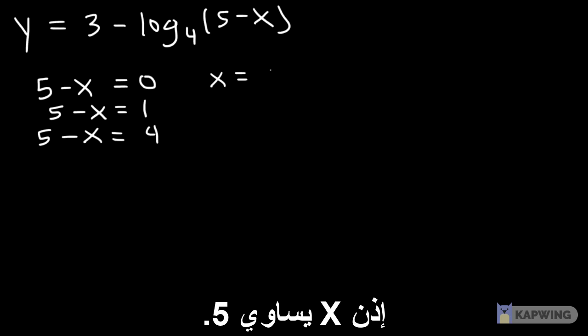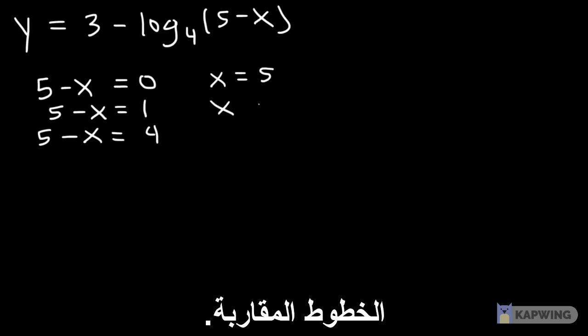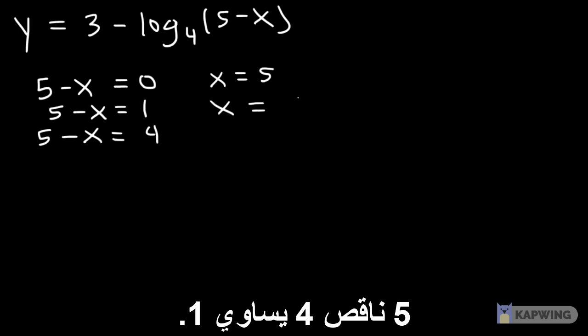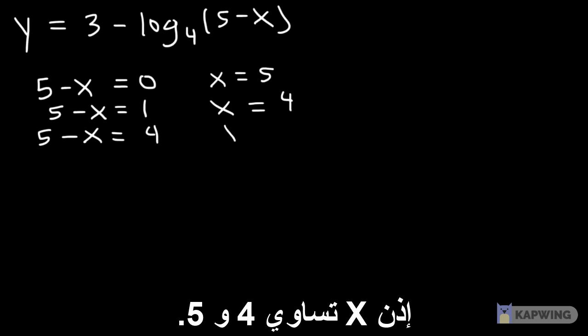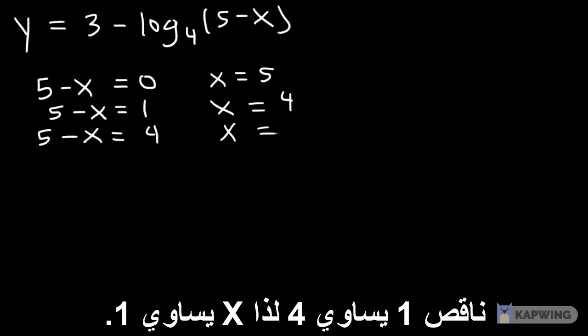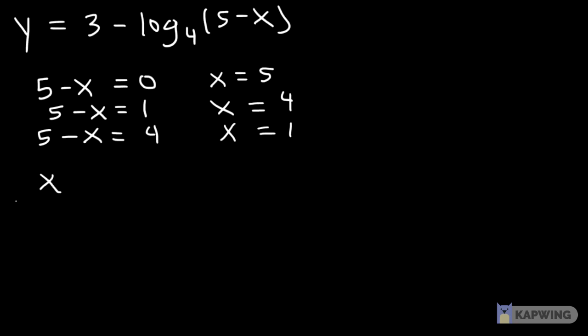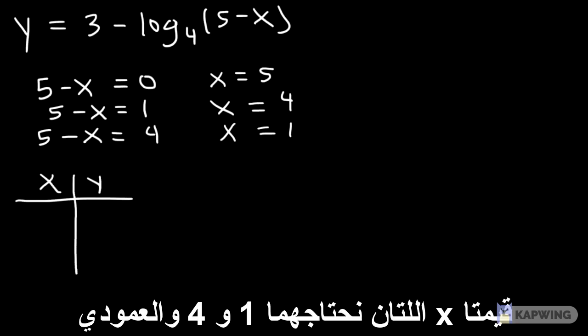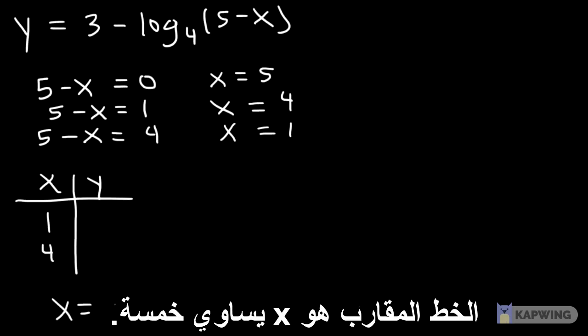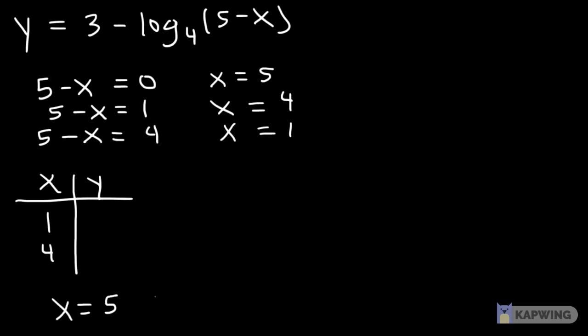So x is equal to 5, that's the vertical asymptote. 5 minus 4 is 1, so x is 4. And 5 minus 1 is 4, so x is 1. The two x values that we're going to need are 1 and 4. And the vertical asymptote is x equals 5.